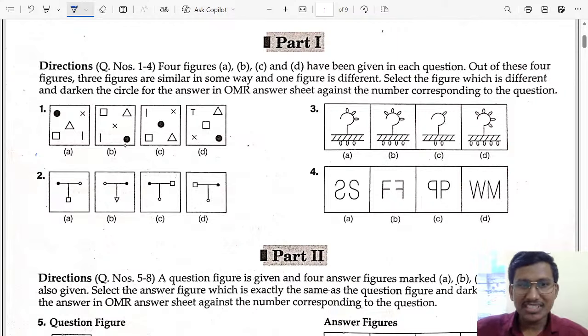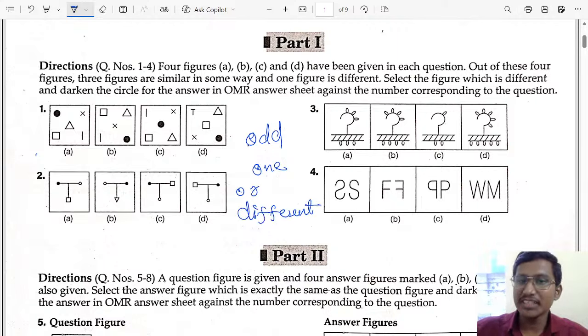Here, which is the different one among A, B, C, D? First we have to find the odd one, that is the different one. Which is a different figure here? Tell me in the 4 figures.